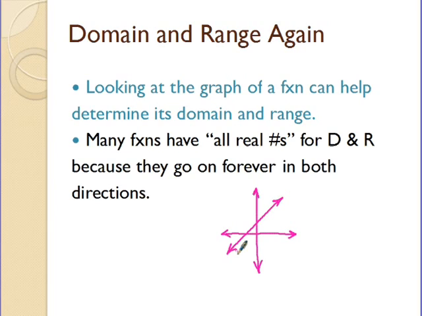It goes on forever in the x direction, both positive and negative, and it's going to keep increasing forever and keep decreasing forever on the y-axis. So all real numbers. Not all of them will be, but a lot of them. So if you're forced to choose when you're not sure, that would be a good guess.